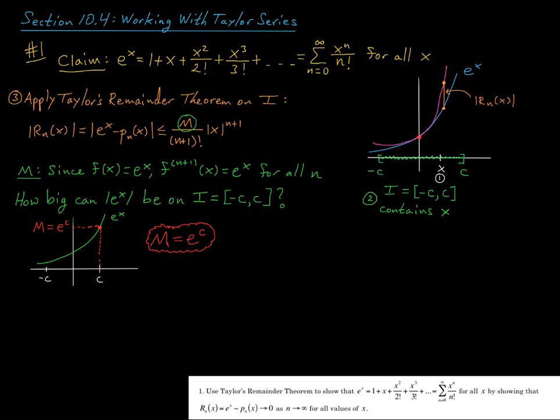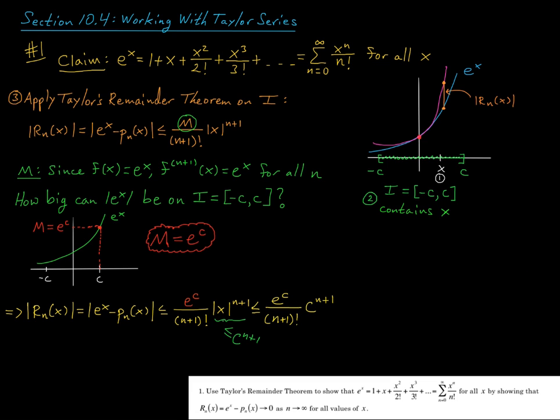All right, so then let's go ahead and plug that in. We have then that this difference in absolute value is bounded above by e to the c over n plus 1 factorial times the absolute value of x raised to the n plus first power. Now how big can x be on this interval? Well, we selected c, so this interval contains x.